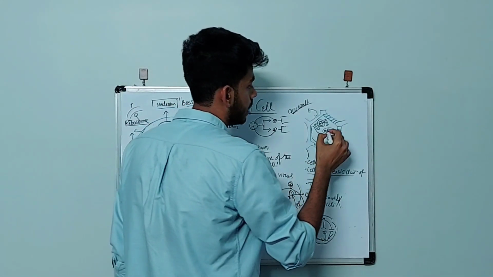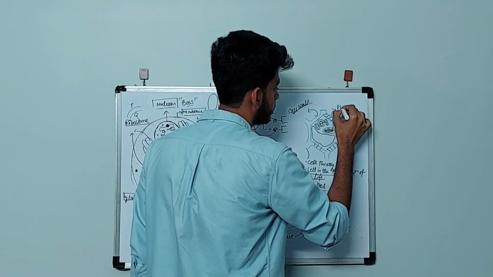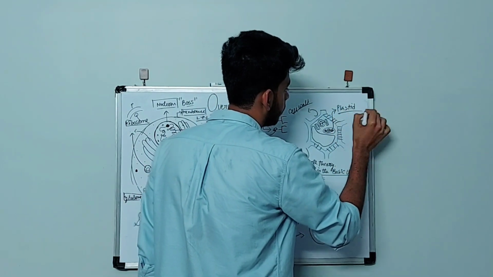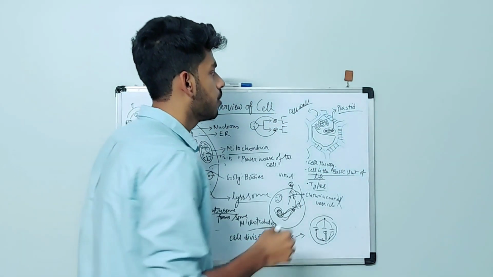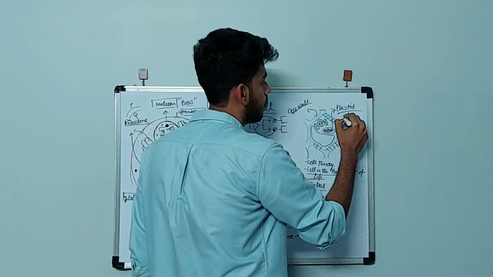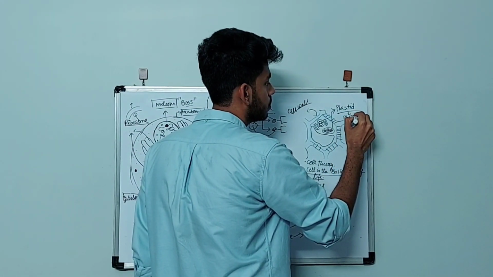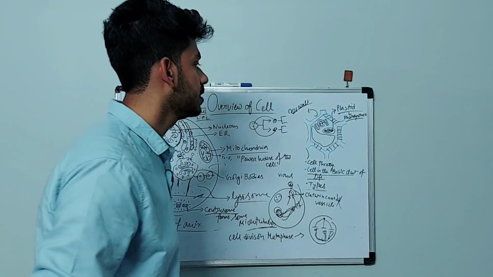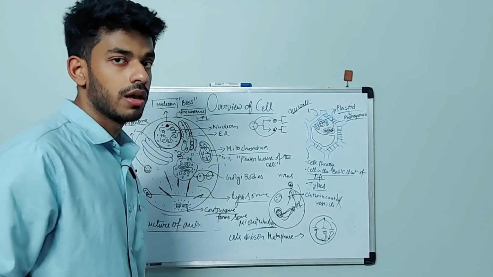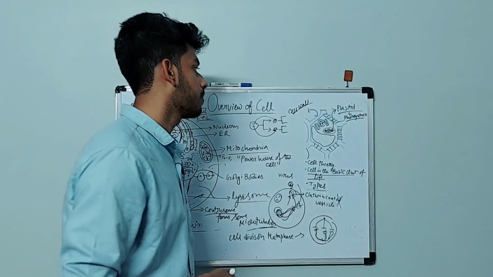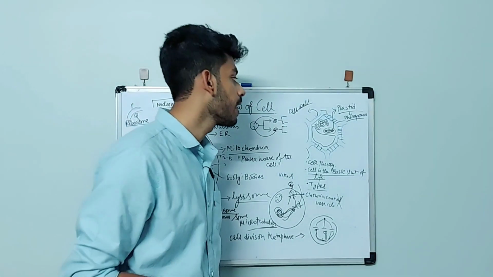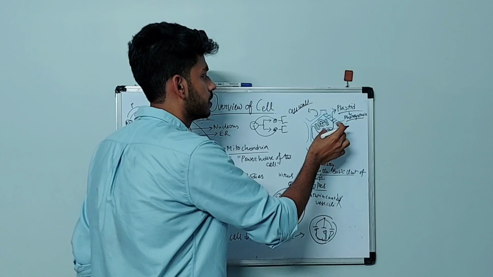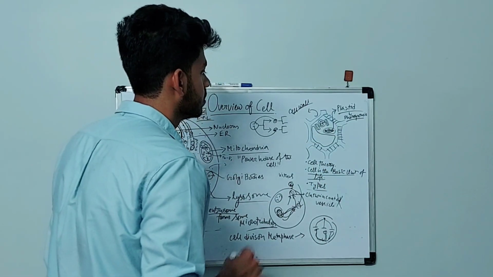Also there is an organelle called plastid. Plastid is responsible for photosynthesis. Photosynthesis is the production of glucose using sunlight, carbon dioxide and water. So this is the function of plastid.